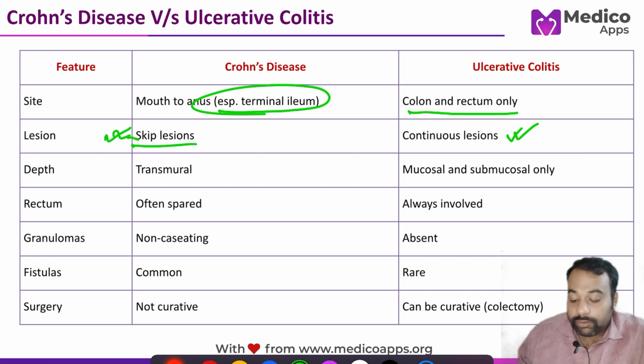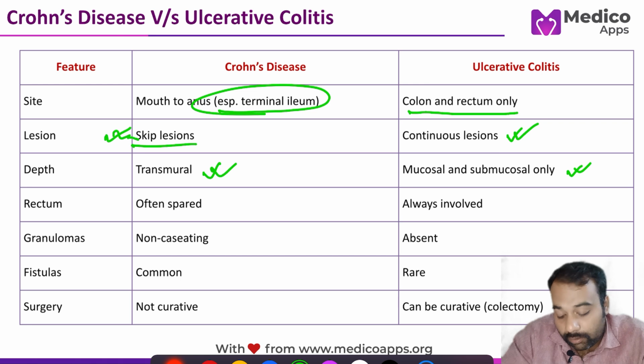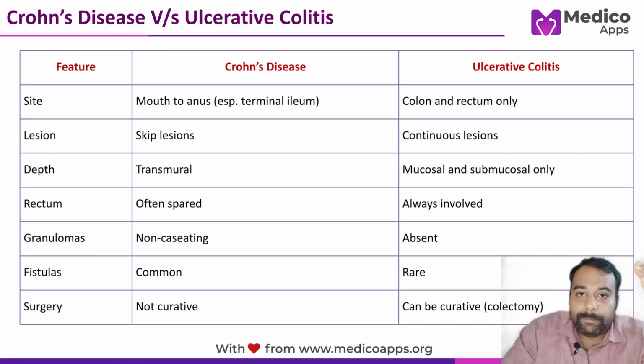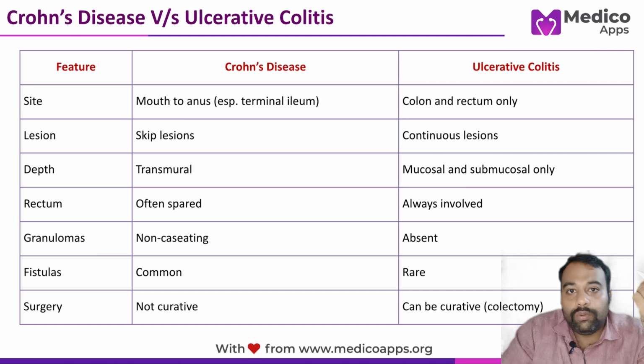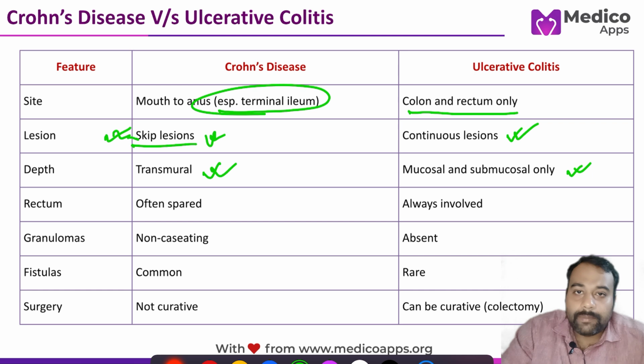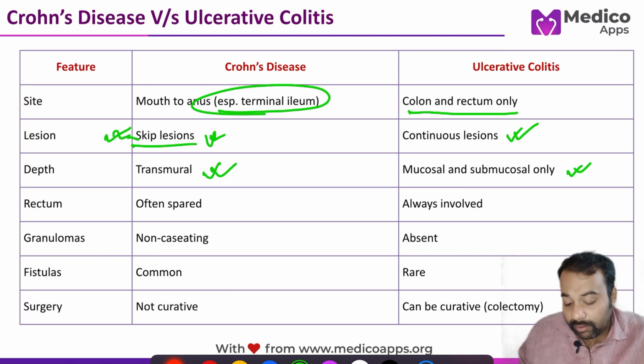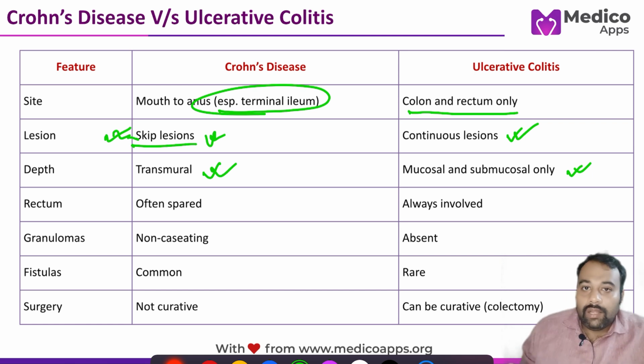In Crohn's, there is transmural involvement, but in ulcerative colitis, only the mucosa and the submucosa get involved. In Crohn's disease, we encounter the skip lesion as I have already mentioned, but in ulcerative colitis, there is a continuous lesion. Regarding the depth of involvement, Crohn's has transmural involvement, but in ulcerative colitis only the mucosa and submucosa get involved.